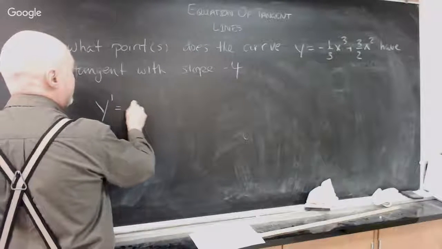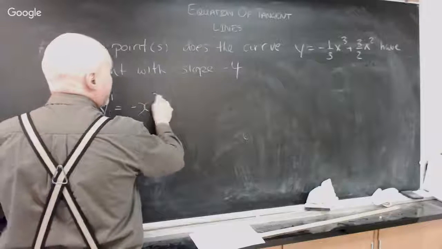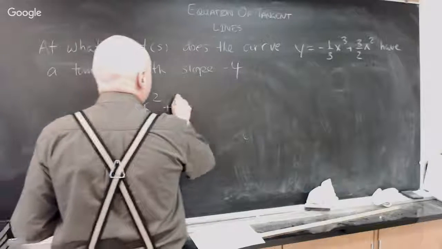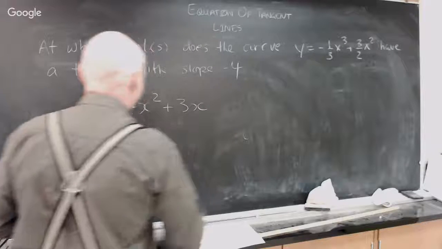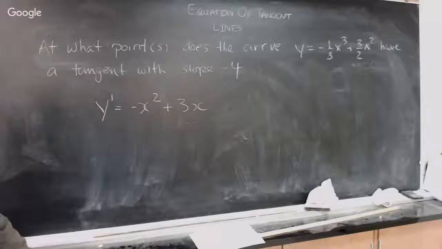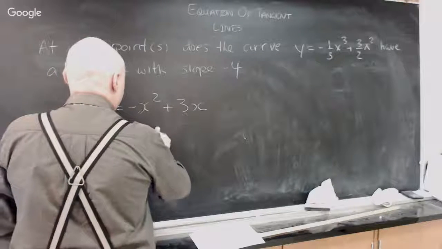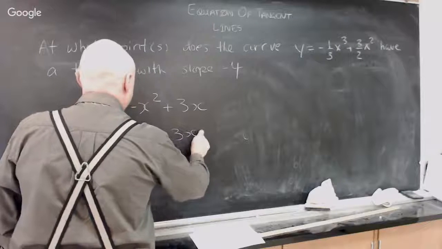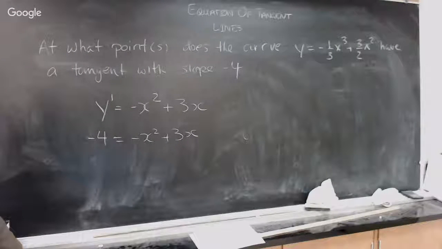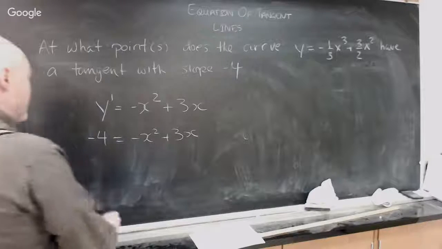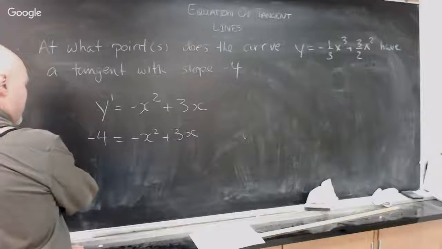So y prime equals negative x squared plus 3x, plus absolutely nothing. I know that my slope is -4. And let's move everything over onto the left-hand side so that I don't have to deal with a negative x squared.